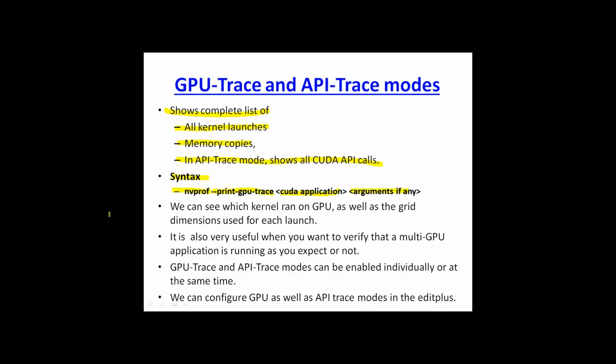Now we can see which kernel ran on the GPU as well as the grid dimensions. It will also mention the grid dimensions of each kernel launch. It is very useful when you want to verify your CUDA executable file on a multi-GPU system, whether it is running in the way that is expected or not.